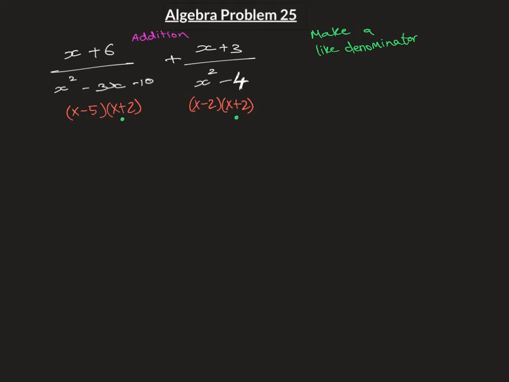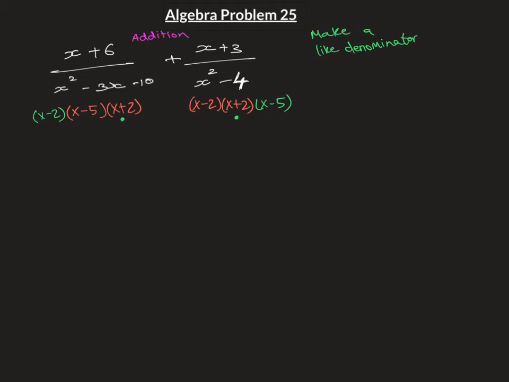And now all we have to do here is, x minus 5 is not in the right equation, and x minus 2 is not in the left equation. So all we do to make them equal is we simply tag on x minus 2, and then we tag on x minus 5.